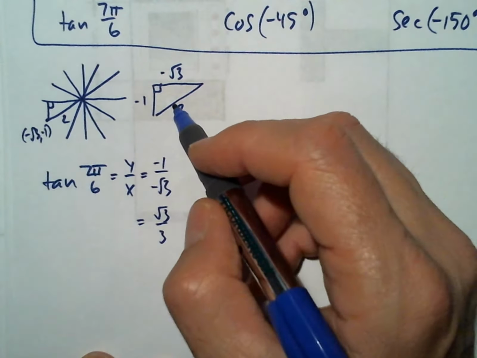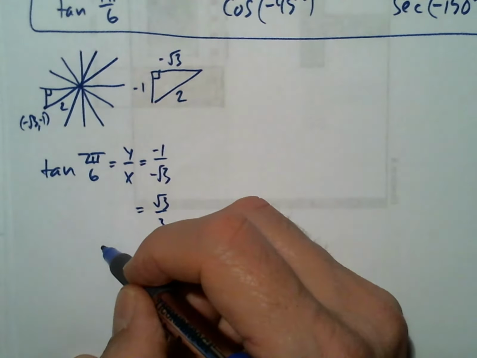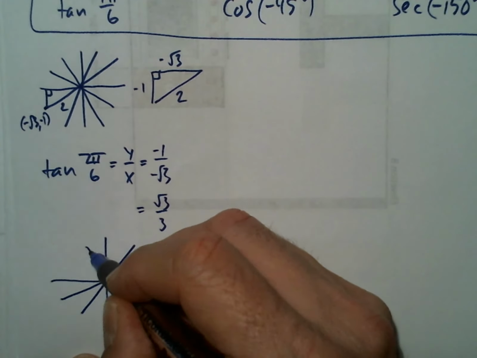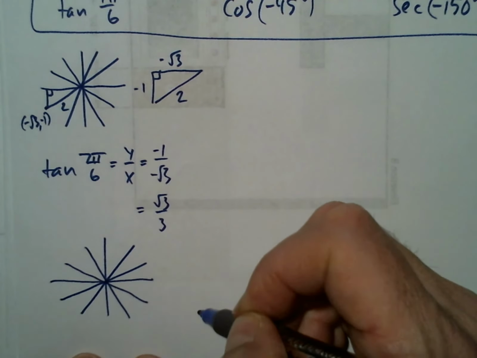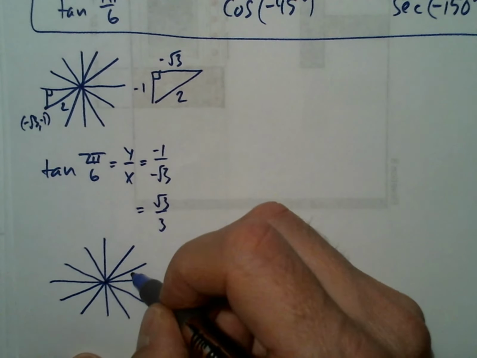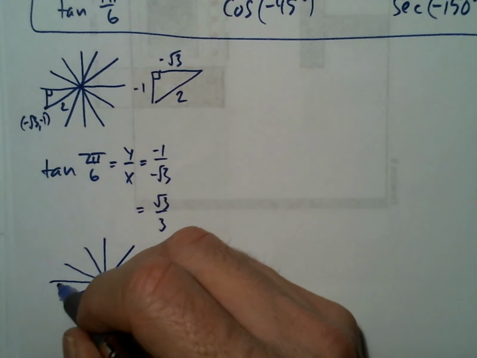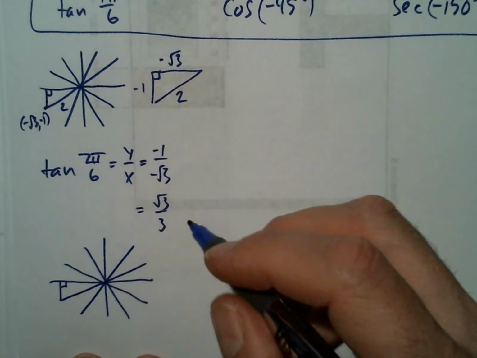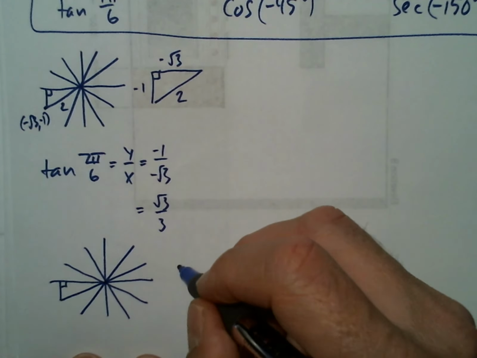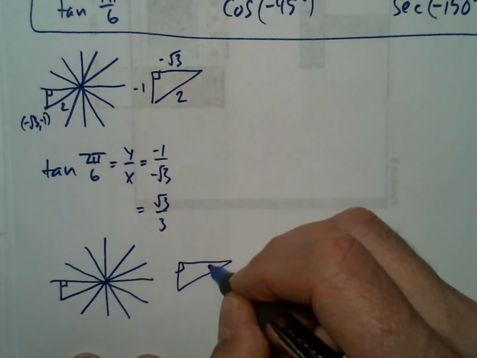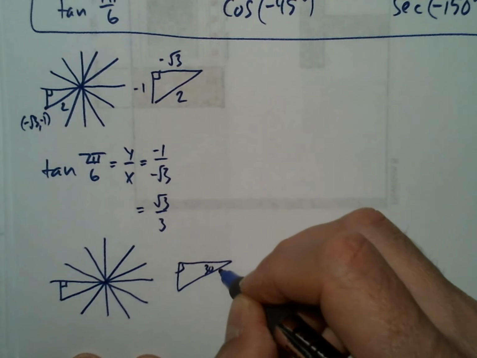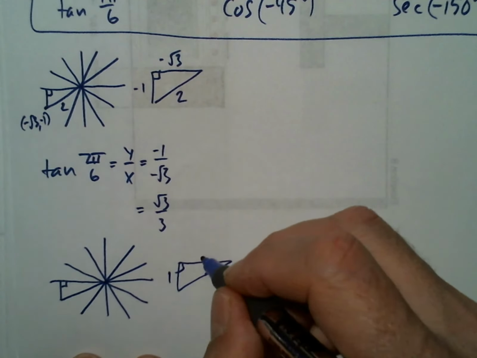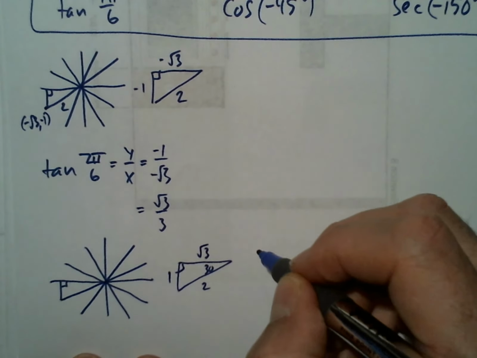So let's go over that process one more time. We know we're dealing with 30-degree angles because it's 7 pi over 6, 1, 2, 3, 4, 5, 6, 7. But we need to know the x and the y, and we know it's a 30-degree reference angle. So if we drew a 30-degree angle, from memory we have to know that this is a 1, 2, radical 3.